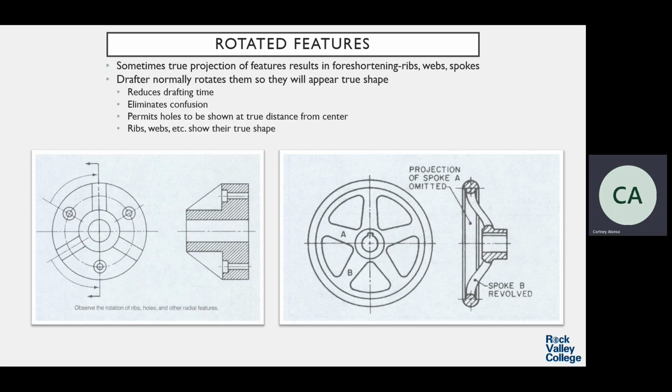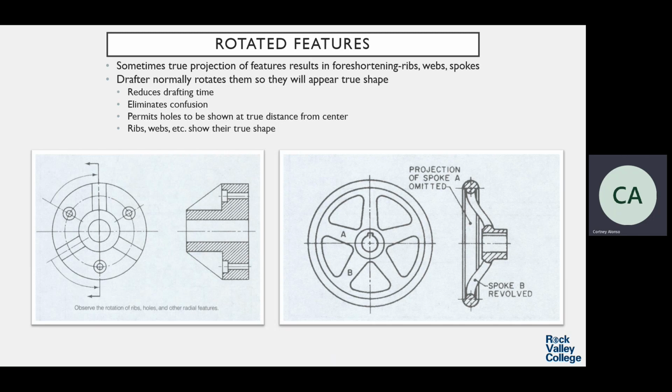Okay, moving on to rotated features, which we hit upon just a couple slides ago. Rotated features are used because sometimes the true position of the feature, what you're actually seeing, results in foreshortening of ribs, webs, and spokes.